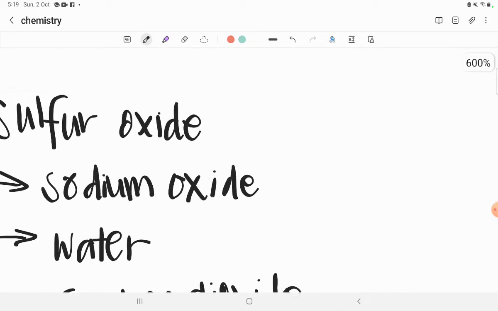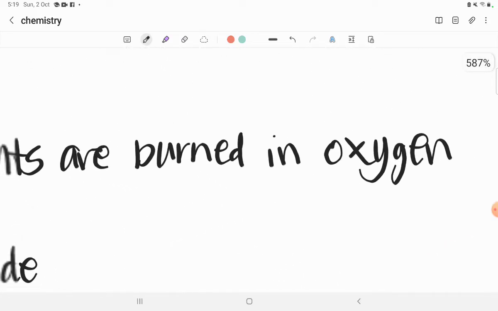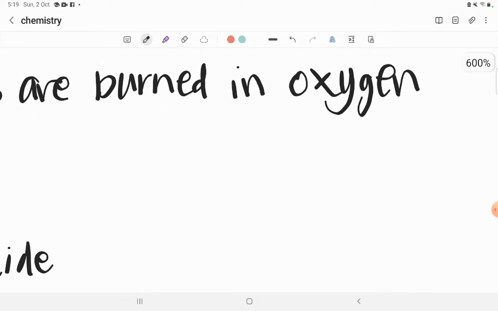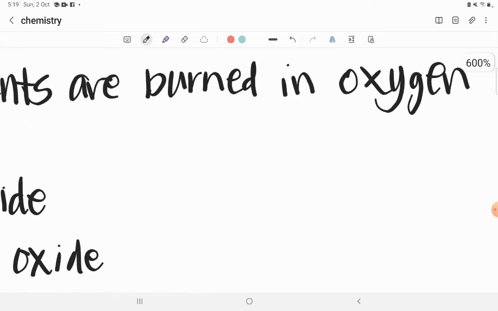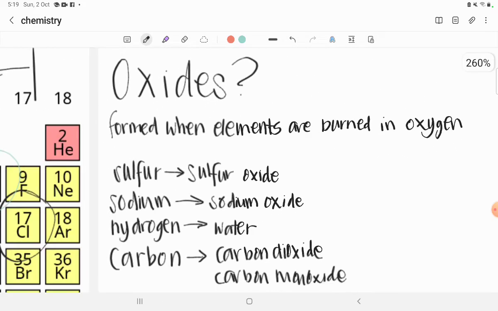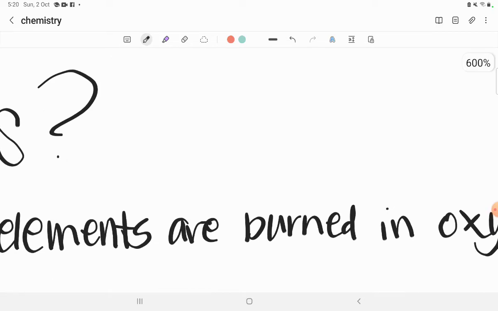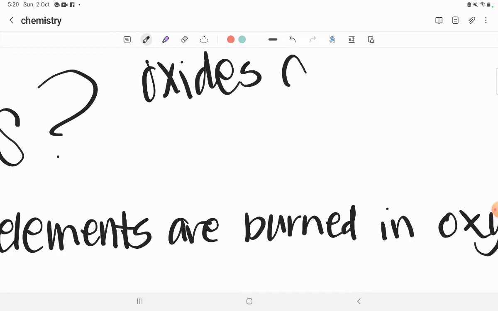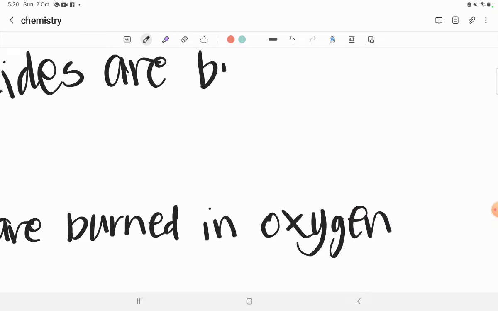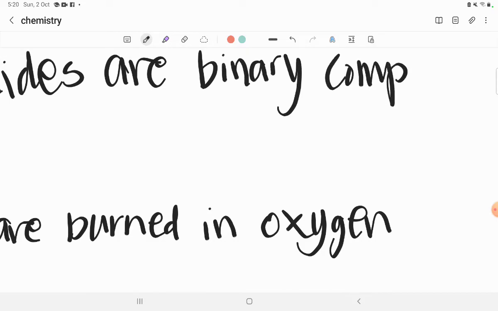Okay, so again, more info on oxides. I'm just gonna add it over here. Oxides are binary compounds.